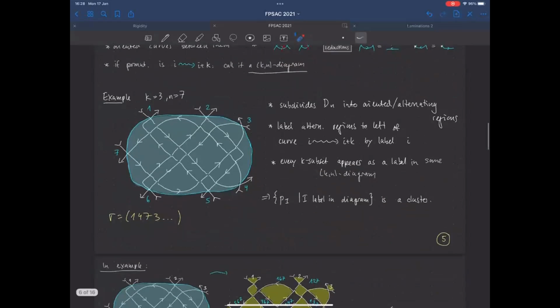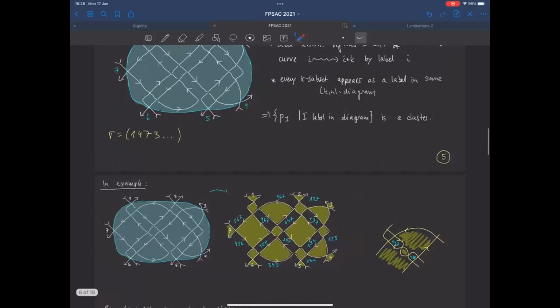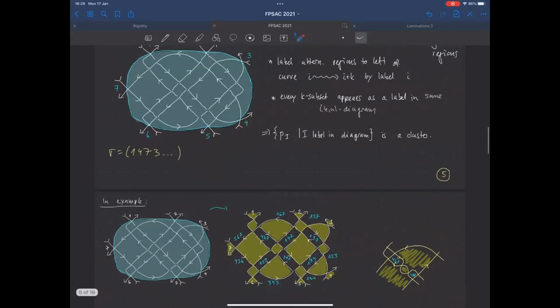Let's see how this looks in the example. I've just copied the diagram, and then I did what I said before: this curve 1 gives me the label 1 in the regions to the left. And then the curve 2 again gives me the label 2 in these regions, etc. In fact, I really want that diagram to be reduced.